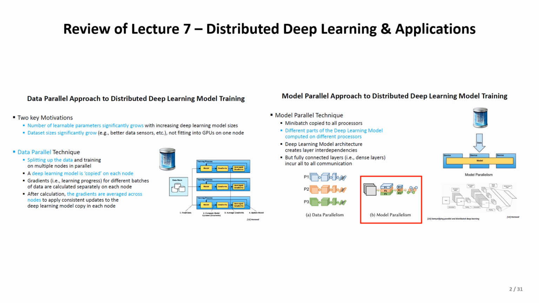So for distributed deep learning, there are two options we can do. We can distribute the data between different nodes, and each node has a copy of the deep learning model and runs the training. The other one is, when we have a complex model with a very high number of parameters, we can distribute the deep learning model between different nodes.